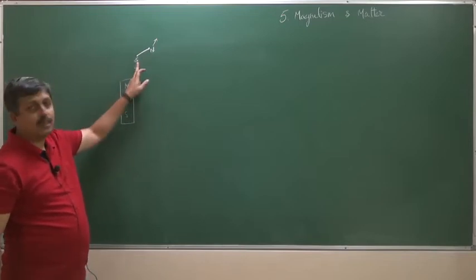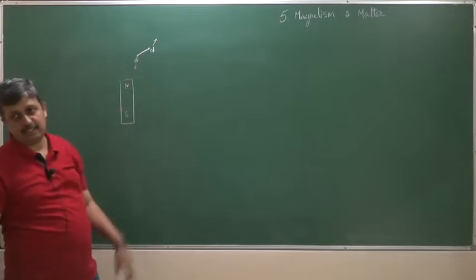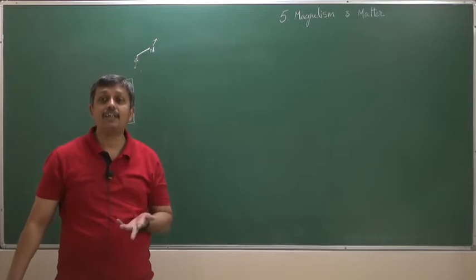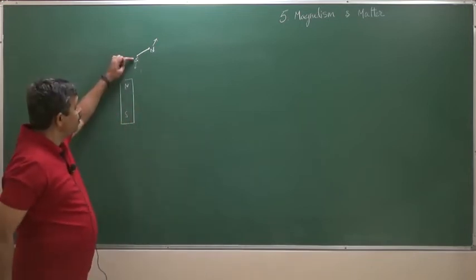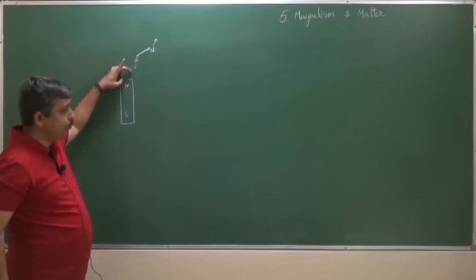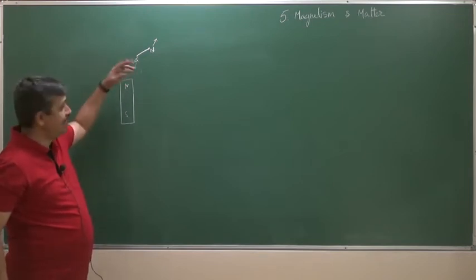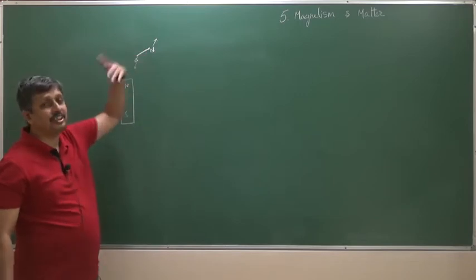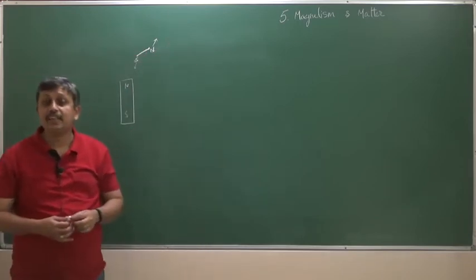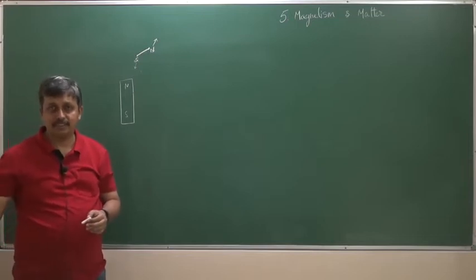If these two are equal, then it will stay there. It will not come. But these two are not equal. Why are they not equal? Because south is nearer to this. Hence, the force with which it pulls is higher than the force with which it pushes. So the net force is towards this. Hence, the iron actually comes towards it.